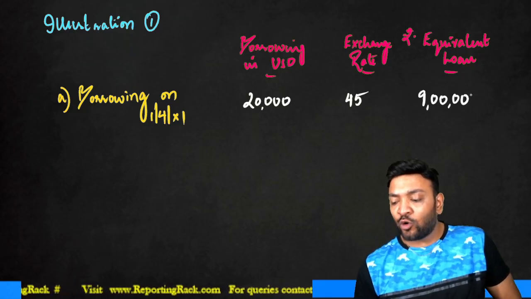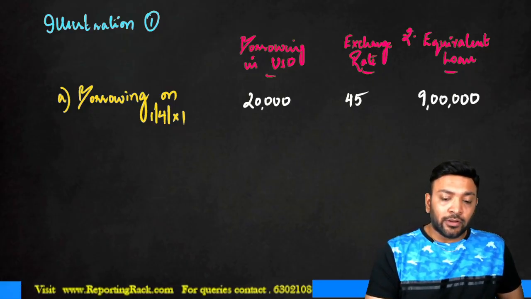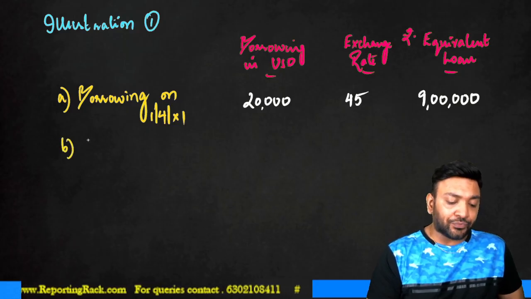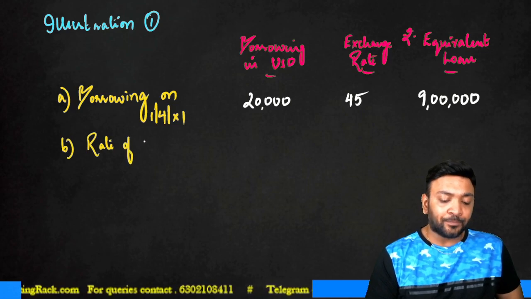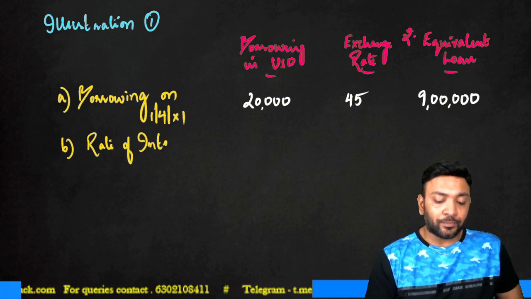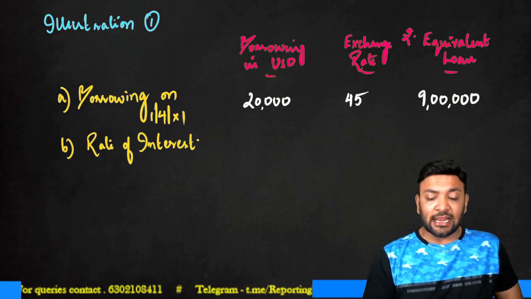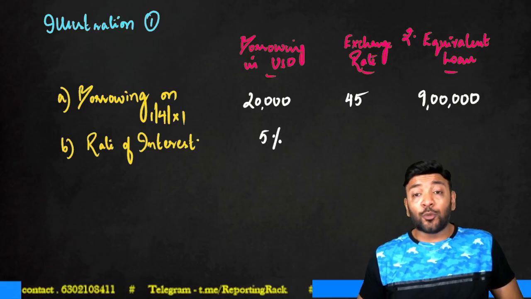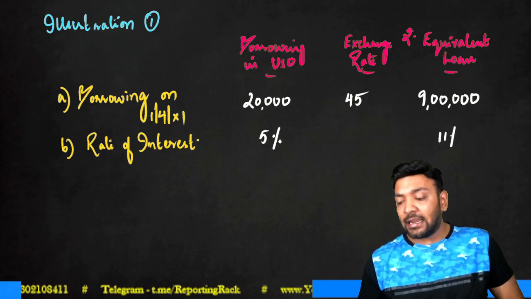A rupee equivalent loan of 9 lakhs is what I am looking at. Now, what is the rate of interest? The US dollar loan was availed at a rate of 5%, while the rupee equivalent loan from SBI could have been taken by the enterprise at 11%.